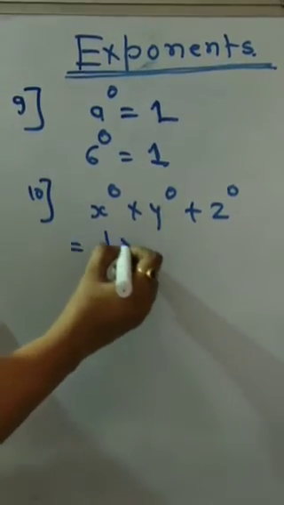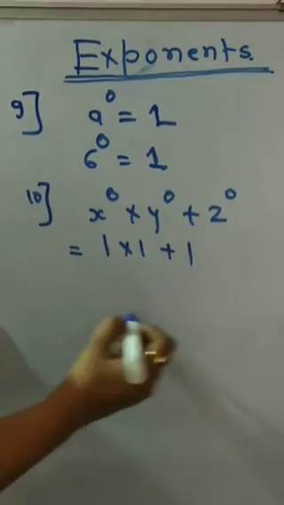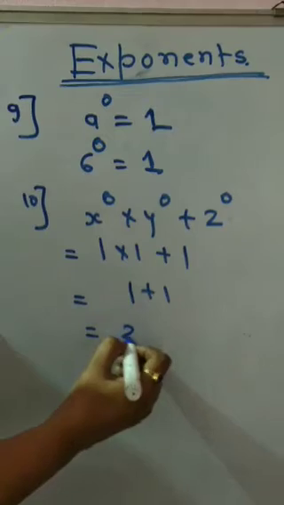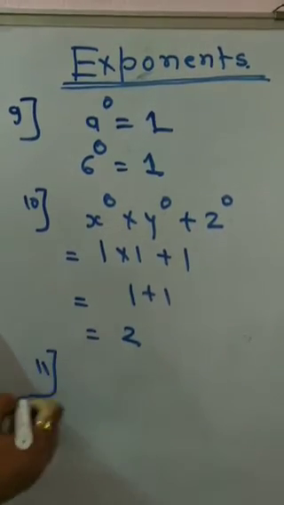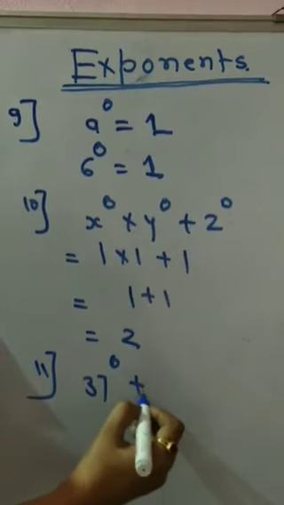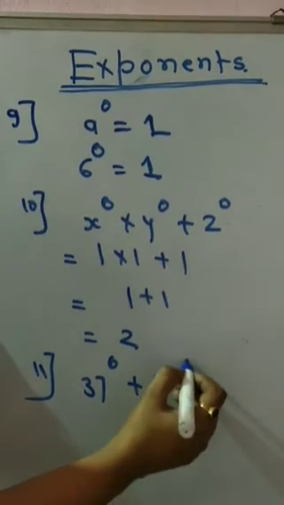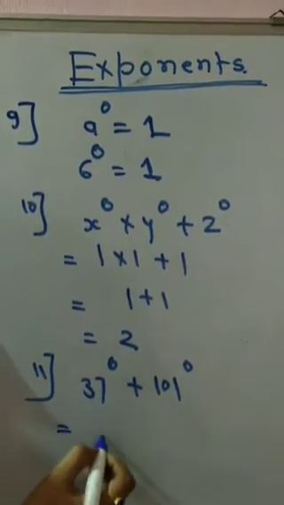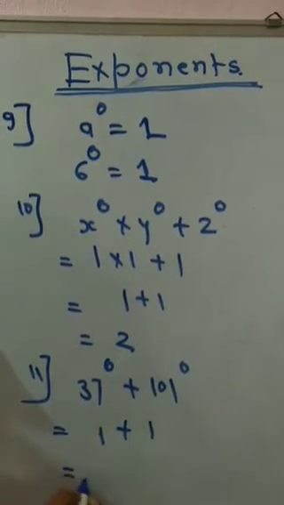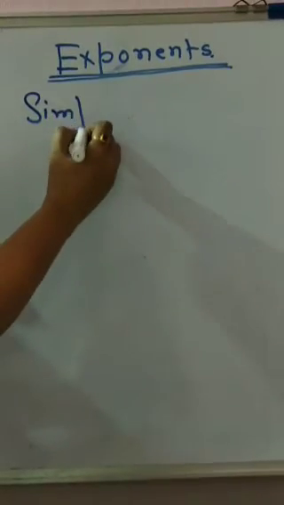Therefore 1 into 1 plus 1. 1 into 1 is 1, 1 plus 1 is equal to 2. Next, 37 raised to 0 plus 101 raised to 0. The power is 0, the answer is 1. Again the power is 0, the answer is 1. 1 plus 1, 2. See, simplify.